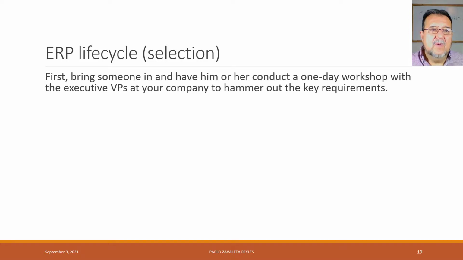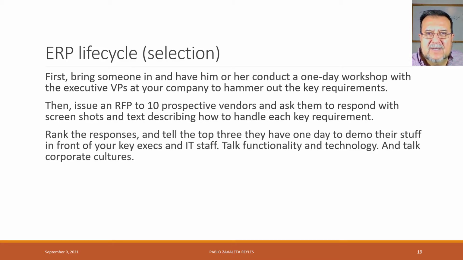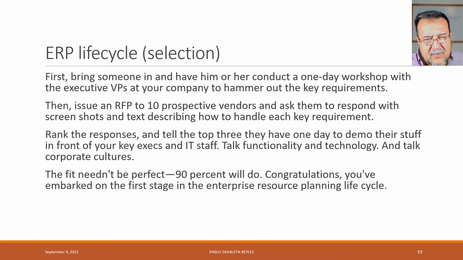Then we issue a request for proposals, RFP, to several vendors. Here it says 10, but it could be 3. It depends on your reality. Then you rank these responses and you try to find out more or less what would be the best fit for you.